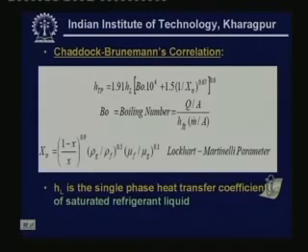XTT is what is known as the Lockhart and Martinelli parameter, defined here. In XTT, the small x stands for the quality, rho G and rho F are the saturated vapor and liquid densities, and mu F and mu G are the saturated liquid and vapor viscosities. So this is one of the correlations used for flow boiling of refrigerants.